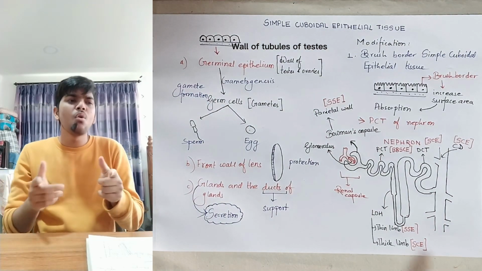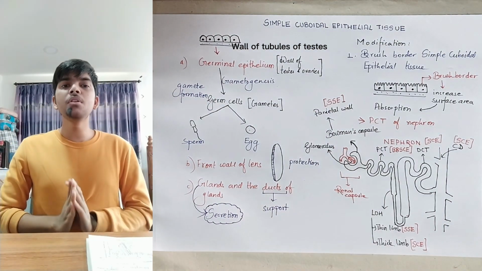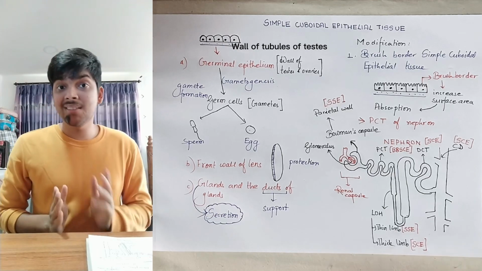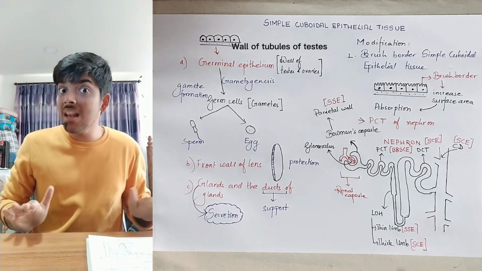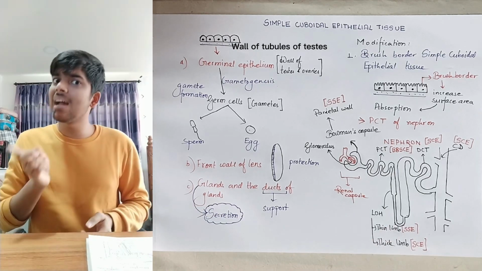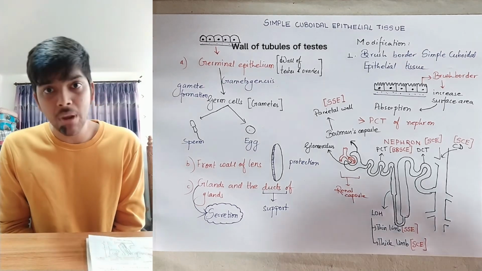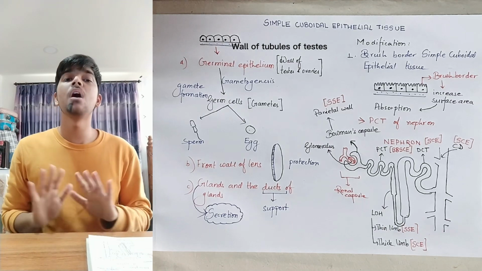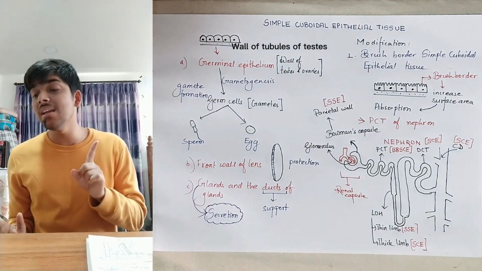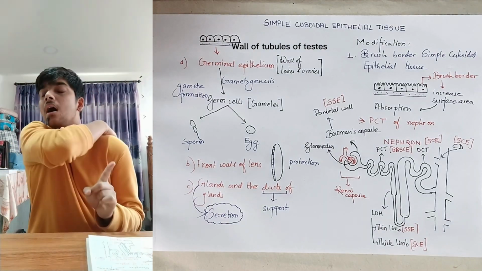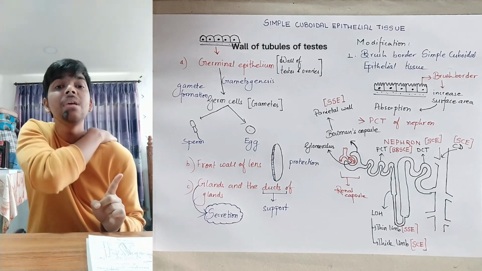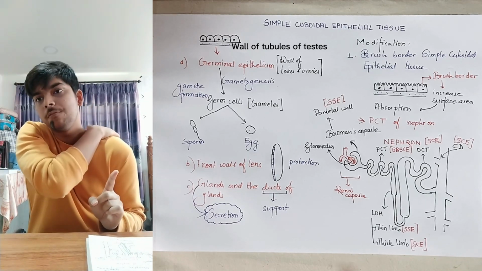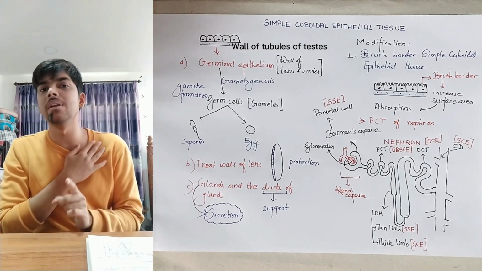Let me revise it quickly. Okay, simple cuboidal epithelial tissue. It's simple because the cells are arranged in a single layer, and it's cuboidal because the cells that are arranged in a single layer are cube-like in structure. Where is it found? The normal simple cuboidal epithelium without any modification is found firstly in forming the wall of your testes and ovaries.